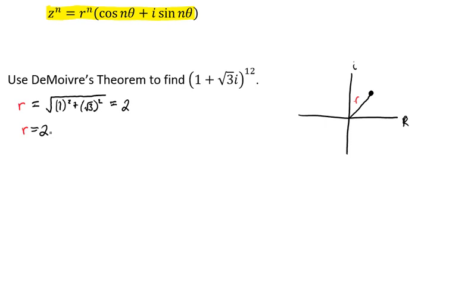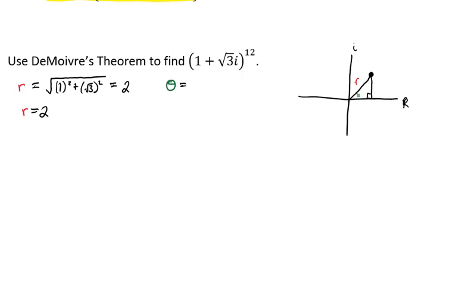Now what about theta? In order to do this, we also need theta. We have our triangle here, and we're looking for our theta. We have radical 3 and we have our 1. We're looking for opposite over adjacent, or radical 3 over 1.